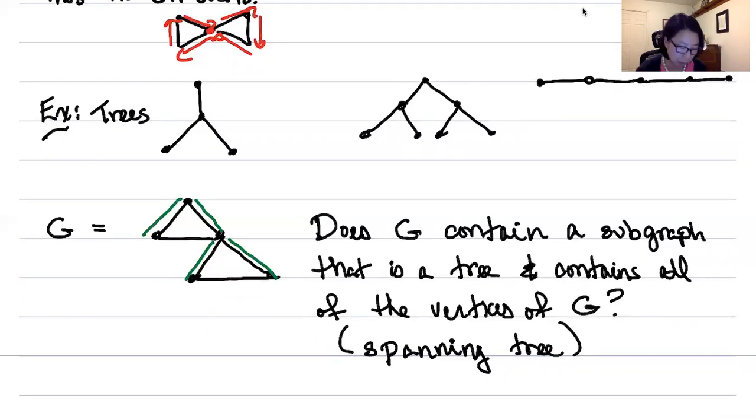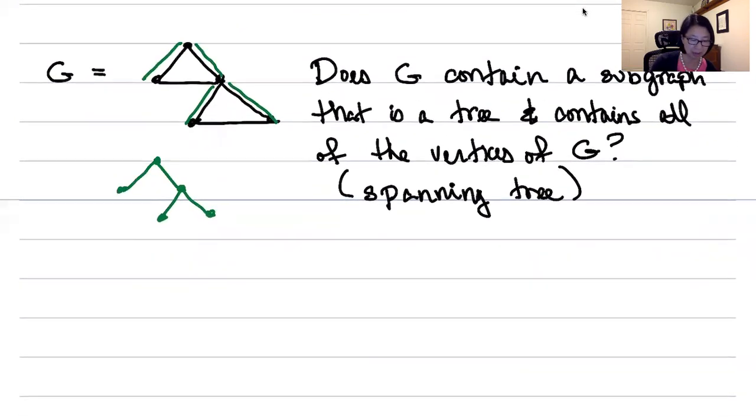So those four edges, if I take the subgraph that just looks like that, that's a subgraph of G, and it doesn't contain any circuits. So that's a tree.